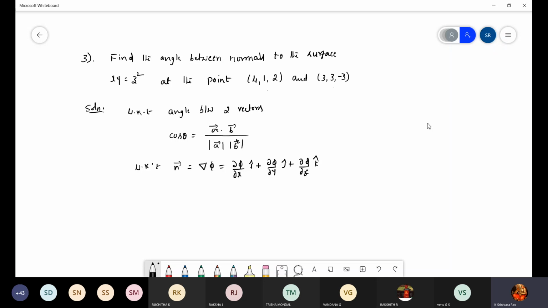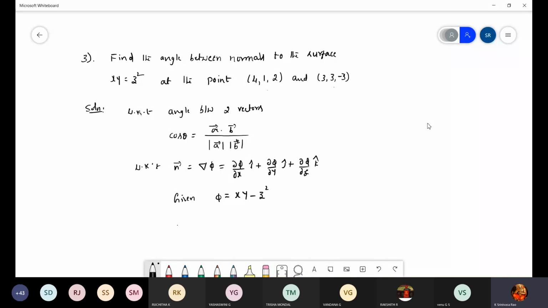Given phi equals, what is our problem? xy minus z square. You have to take all the right hand terms to the left hand side, and that you take as phi.